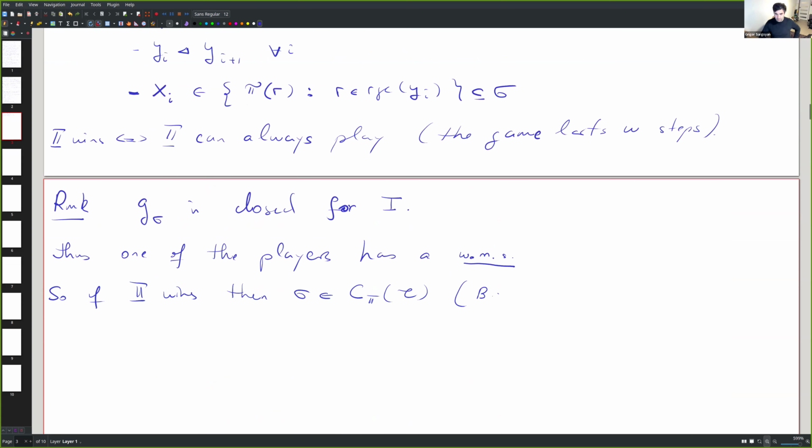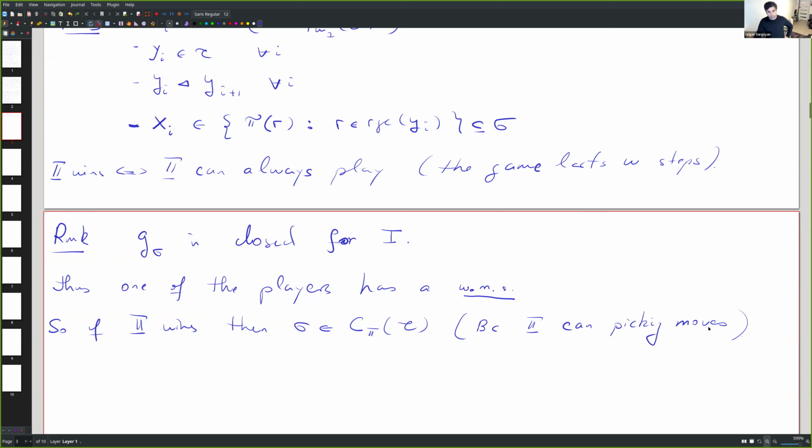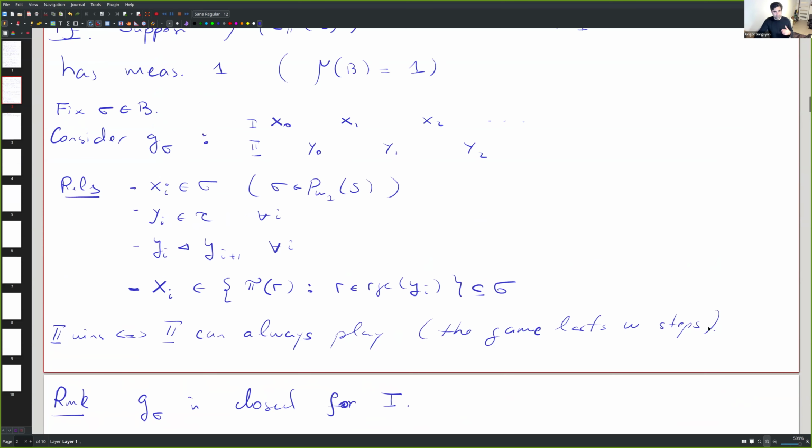Because 2 can keep picking moves. Now, how do we enumerate? 1 is going to just play all the moves, all of the values of sigma, members of sigma, and 2 is just going to enumerate them, right?